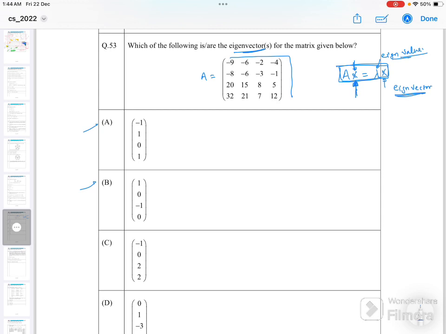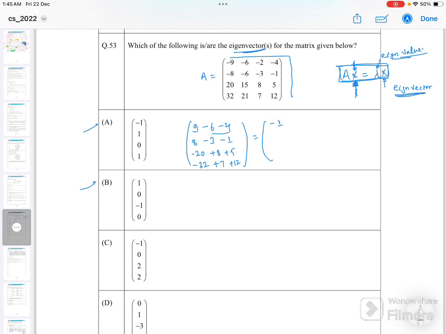So I'm going to write it directly, that it will be 9 minus 6 and minus 4. The first element would be this, and so 8 minus 3 minus 1, and here we will have minus 20 plus 8 plus 5, and here we will have minus 32 plus 7 plus 12, right? So we can do the calculation.